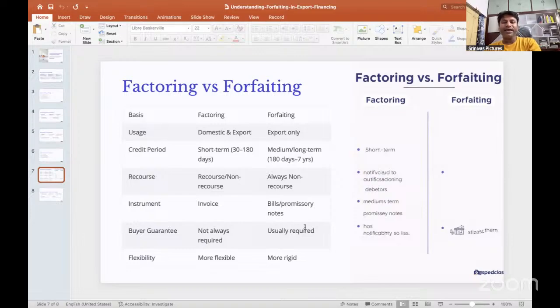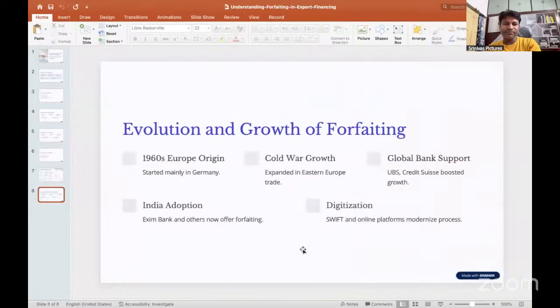Without that buyer guarantee, the transaction will not move forward. And flexibility: factoring is more flexible, whereas forfeiting is more rigid. It is more complex and a little different also. So this is the difference between factoring and forfeiting.